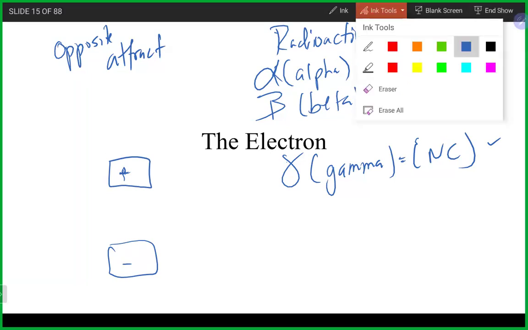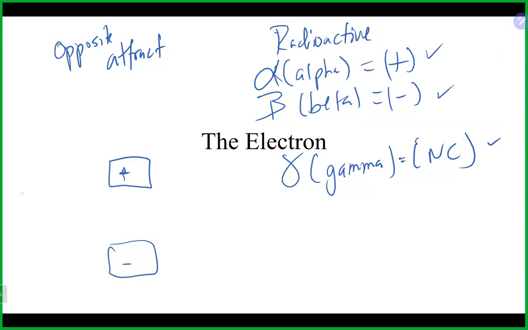If I shot particles through this electrical field and they bent upwards, that would mean the particle should have what type of charge? Opposites attract. So it bent towards the positive, so it should have a negative charge, right?